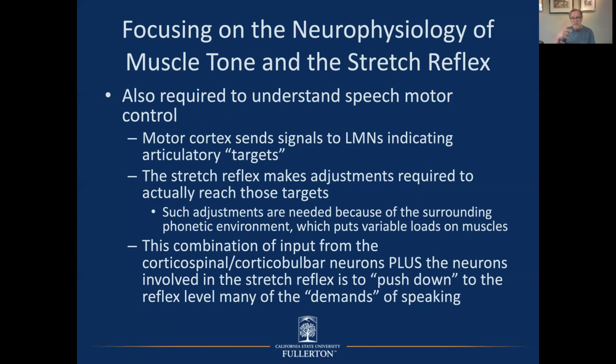And so a command's going to go down there, go there and do that. However, exactly how much contraction you need of the various tongue muscles in order to reach that target will differ depending on co-articulation. What are the sounds that are surrounding it? It could take a little more push to get there with some sounds surrounding the T and a little less with others. It's a constant variable.